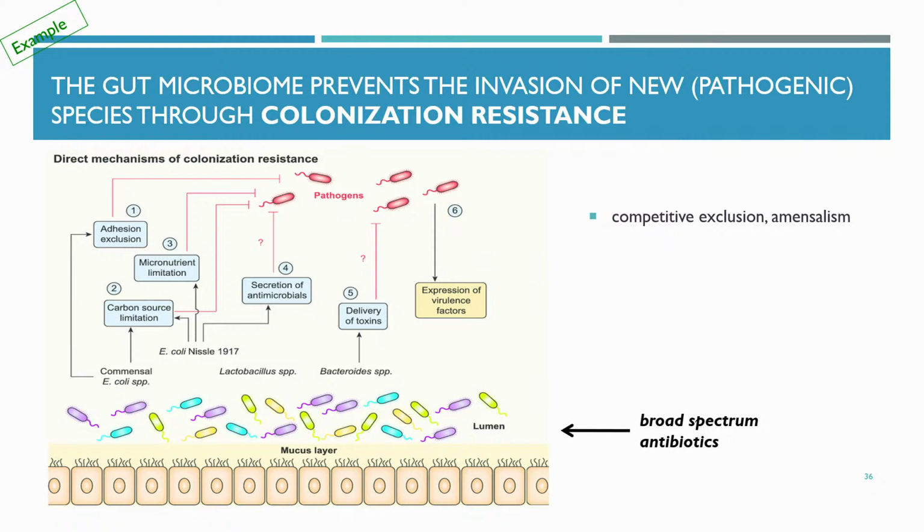This is a physical barrier, but there's also a mucus layer right on top of it that coats the intestinal epithelial cells and also acts as a way to protect your intestines, essentially. We also have the lumen, which is right outside of this epithelial barrier and the mucus layer.